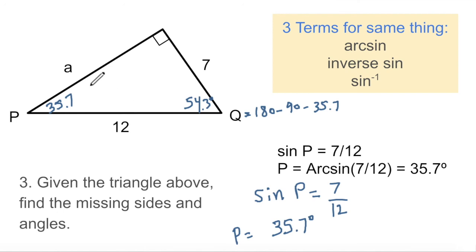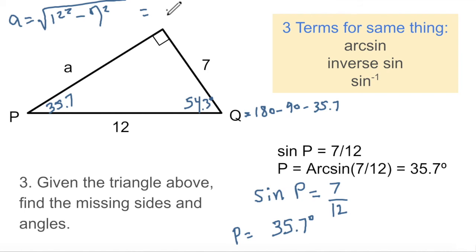We can use the Pythagorean theorem to get side A. So 12 squared minus 7 squared would give us A. So let's see, A is equal to square root of 12 squared minus 7 squared. And that's 144 minus 49. That's 9.75.